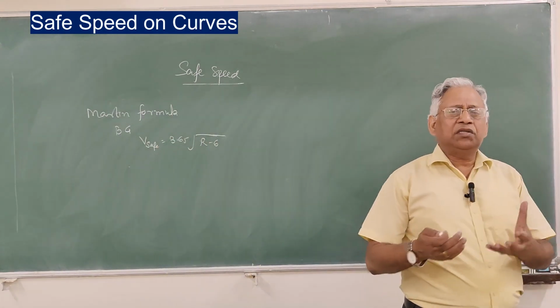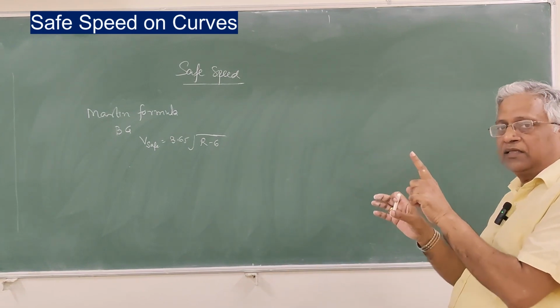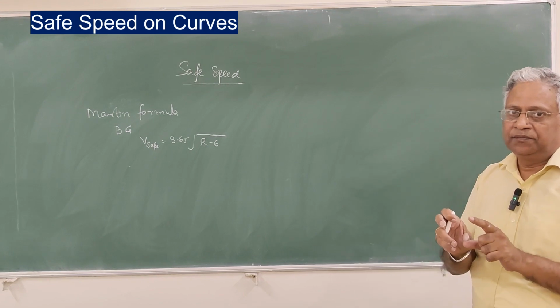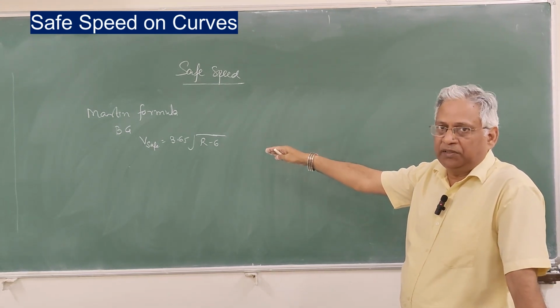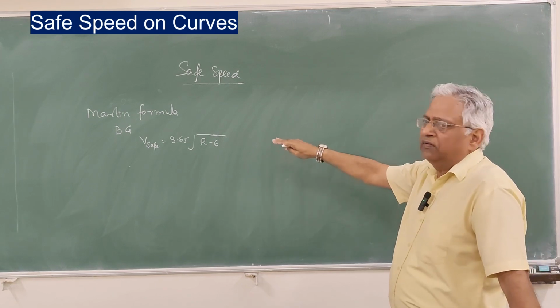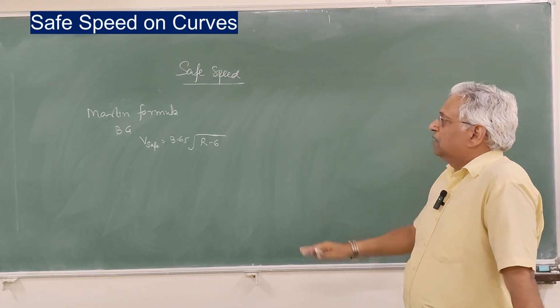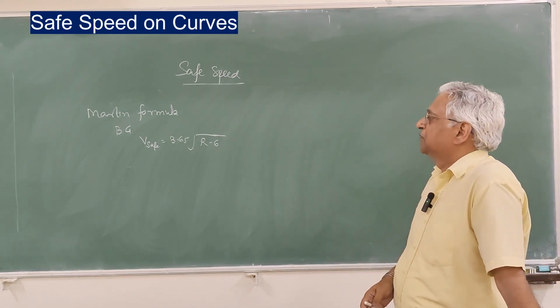This is the equation to calculate safe speed on a horizontal curve of radius r when there are sufficient transitions provided. When there is no transition, then take 80% of this speed as safe speed. Similar equation is given for meter gauge line also and narrow gauge line also. But these equations are no more in use by Indian Railways.